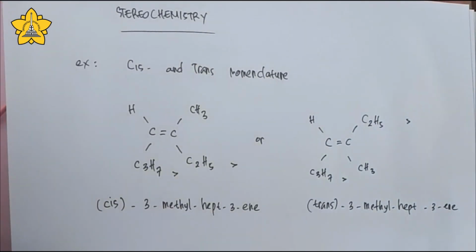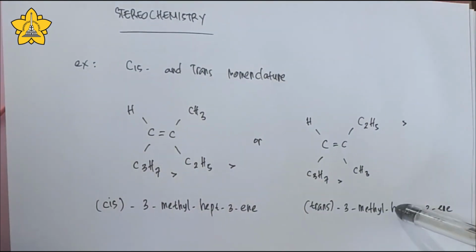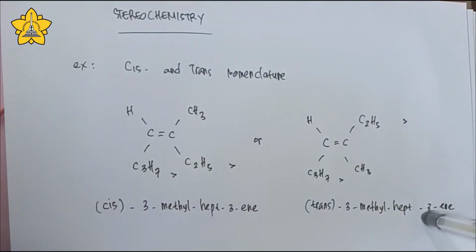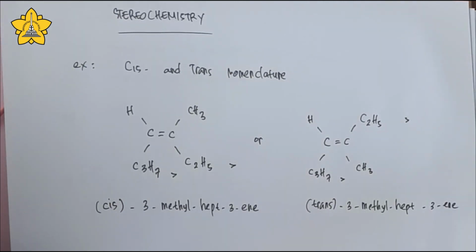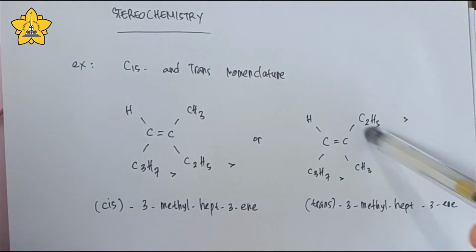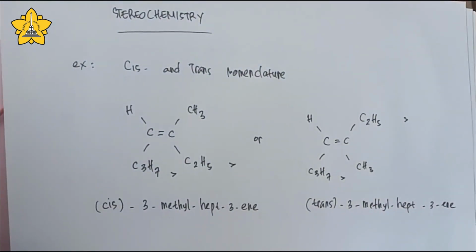This is the example of cis and trans nomenclature. We have two types of molecules. Both of these molecules are alkenes. And how do we know that these molecules are alkenes? It's because of this double bond in the chains.